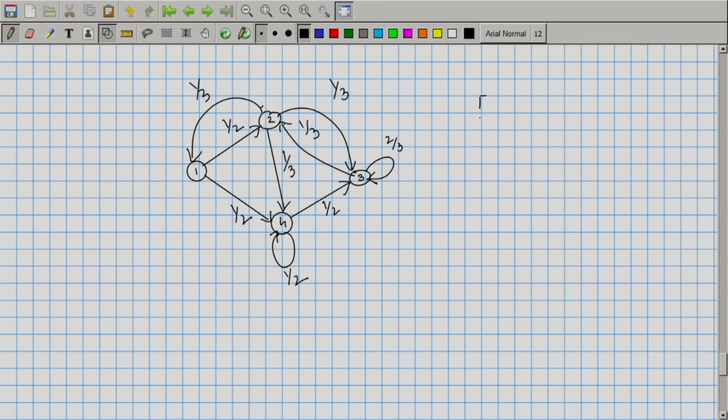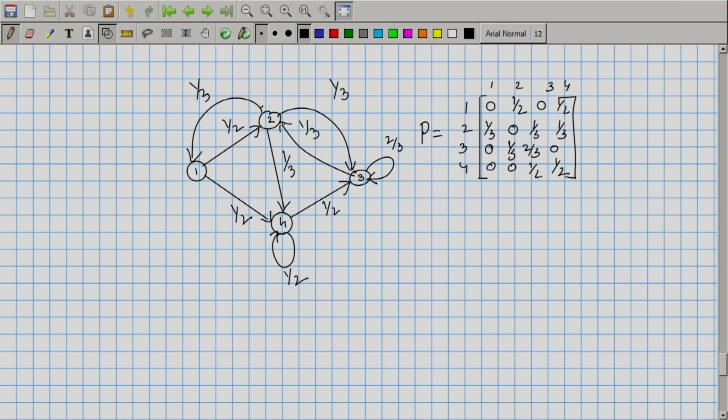Okay. So, the transition probability matrix will be as follows: 1, 2, 3, 4 are the states. 1 to 1 is 0, 2 to 2 is 0, 3 to 3 is 0 and 3 to 4 is 2/3 and 4 to 4 is half. 2 to 1 is 1/3 and all these were 1/3. 1 to 2 is half, 1 to 4 is half, other is 0. 3 to 1 is 0, 3 to 2 is 1/3 and this is 0, and 4 to 1 is 0, 4 to 2, 4 to 3 is half.